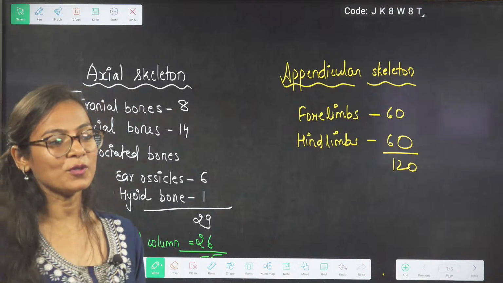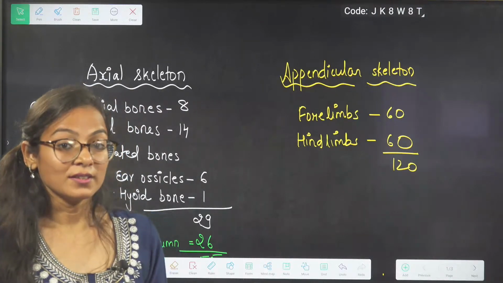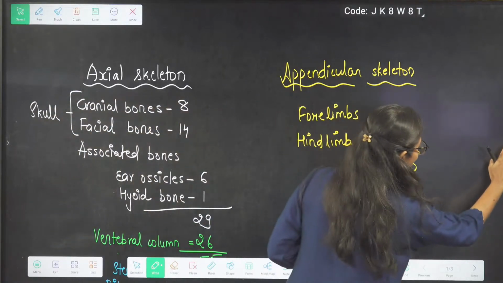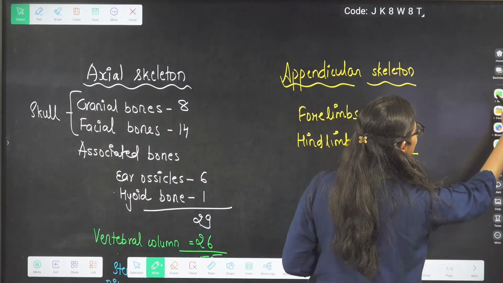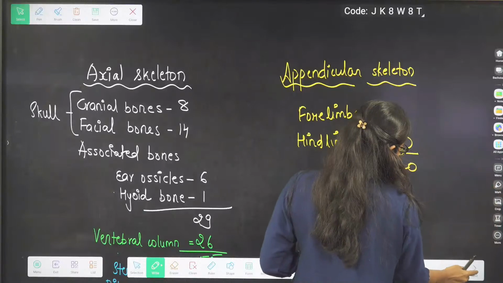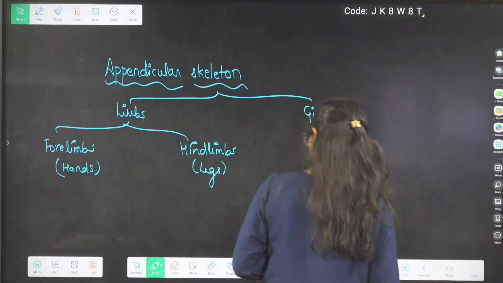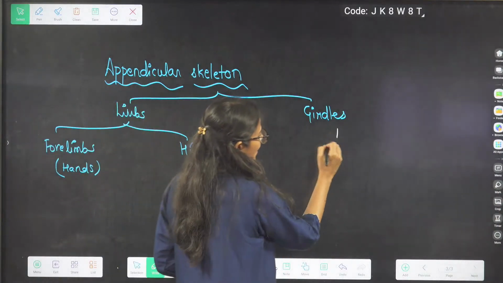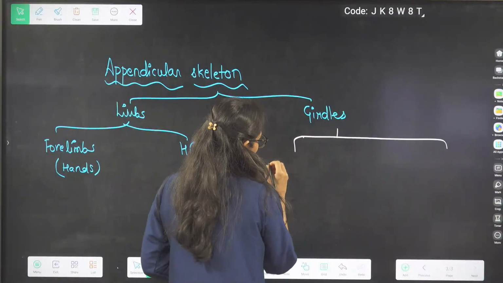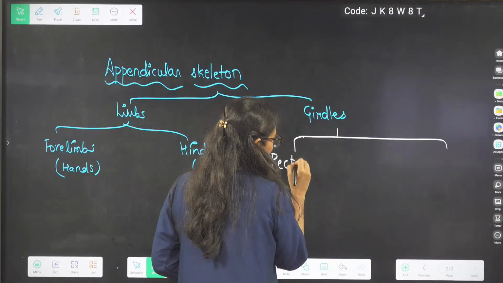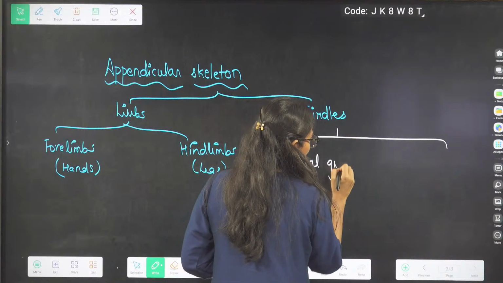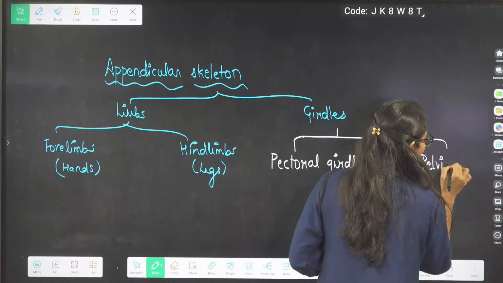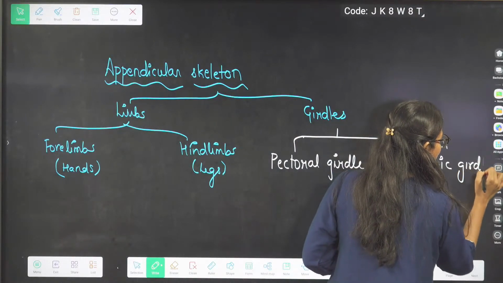Yes, clear? So now you want to know where the rest of the 6 bones are located. So let's see quickly. So 200 bones done. First I'm going to show you that in the diagram. So let me just write. Yes, let's talk about girdles. There are two types of girdles, right? There is pectoral girdle and then there is pelvic girdle.